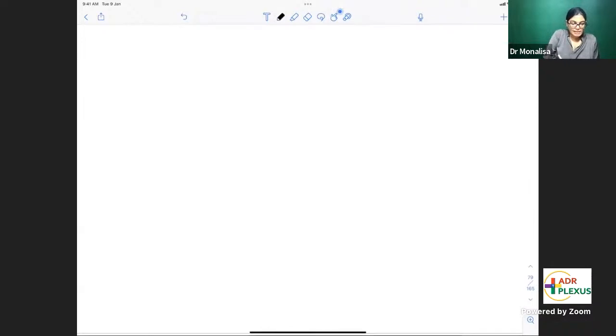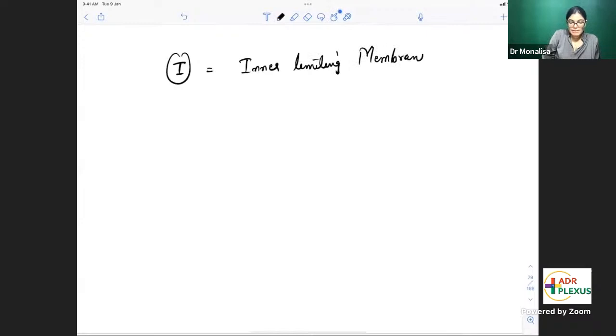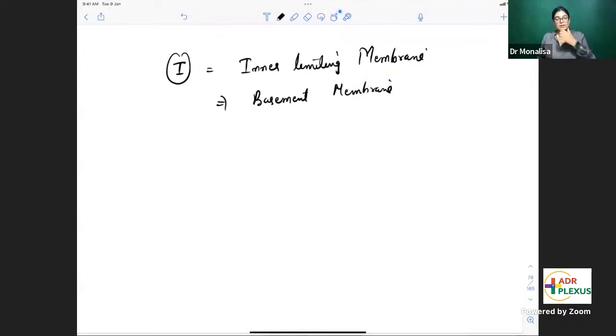The first layer is the inner limiting membrane, and this is actually a basement membrane, which is formed by the Muller cells.